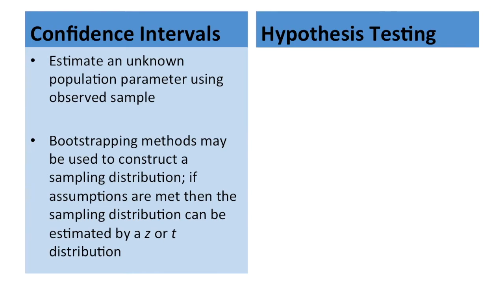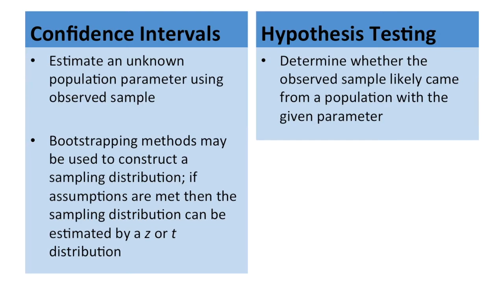Recall for a proportion, if n times p and n times 1 minus p are both at least 10, then the sampling distribution can be approximated using a z distribution. For a mean, if the sample size is large, so at least 30, or if the population is known to be normally distributed, then the sampling distribution can be estimated by a t distribution.